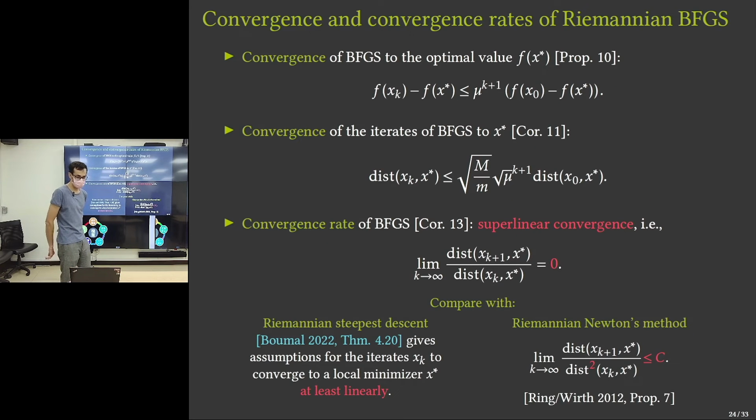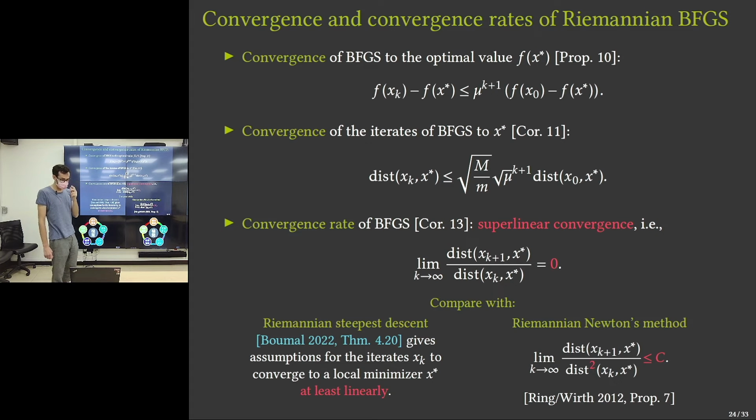And we also have convergence results and convergence rates for this algorithm. Of course, establishing them takes a lot of work, so I just give the results and the reference if you want to look at the details. They establish convergence of BFGS to the optimal value f(x star), where x star is the optimizer. This is proposition 10.